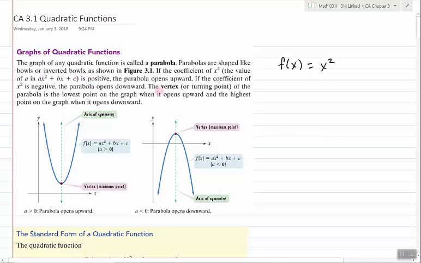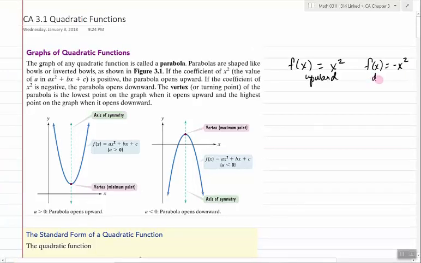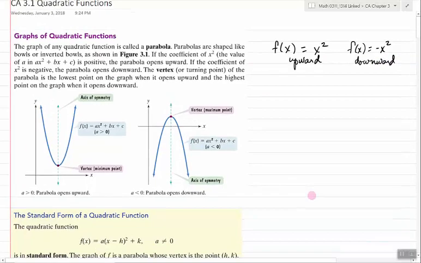If it is negative, it opens downward. We actually have talked about that. So this one is upward. But if you had f(x) = negative x squared, we remember that it has a reflection about the x-axis, and so it will open downward. So we really have already discussed that.